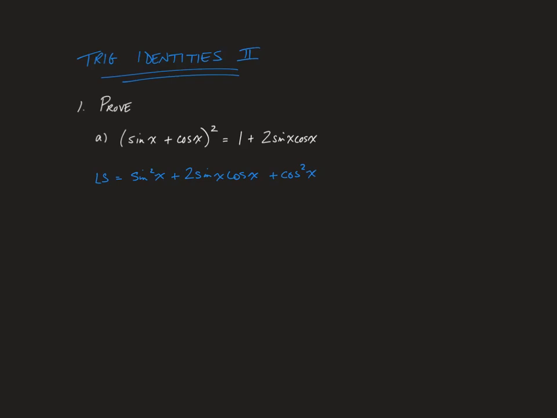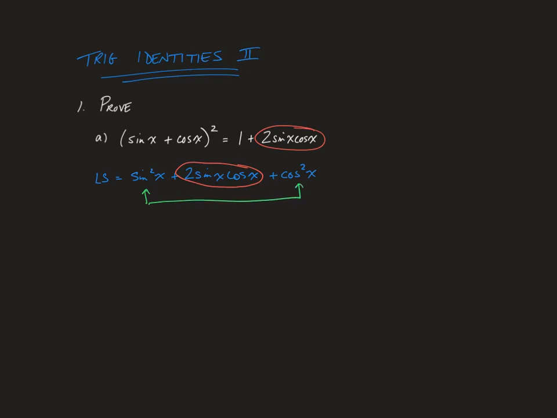If I happen to see that, I'm having a focus over on the right side. What I really like is my right side has a term 2 sine x cos x, and I have a term 2 sine x cos x from the left side. So I like the fact that those are both there. Now I take a look at what's remaining, and hopefully that is jumping out at you.